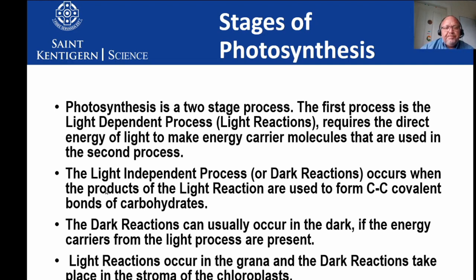They occur with the products from the light-dependent process. So the one leads into the other, and they're used to form carbon-carbon covalent bonds, which then become the carbohydrate. And remember, glucose is a sugar, and sugars are carbohydrates.